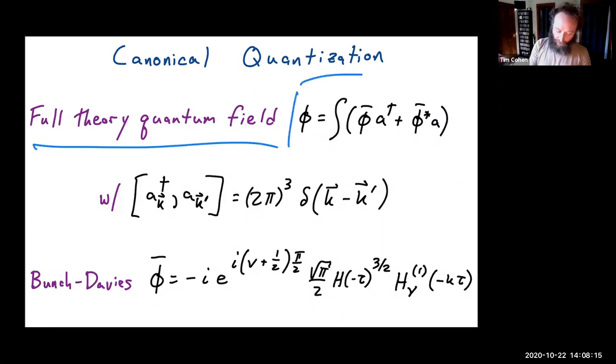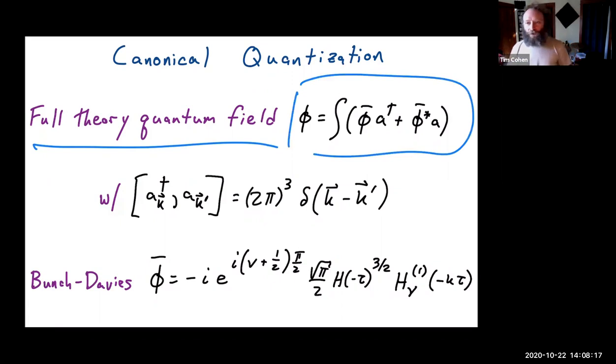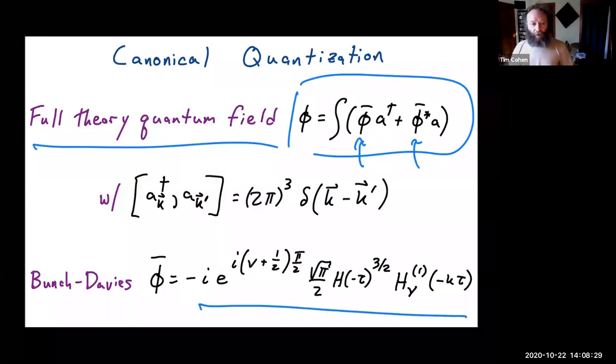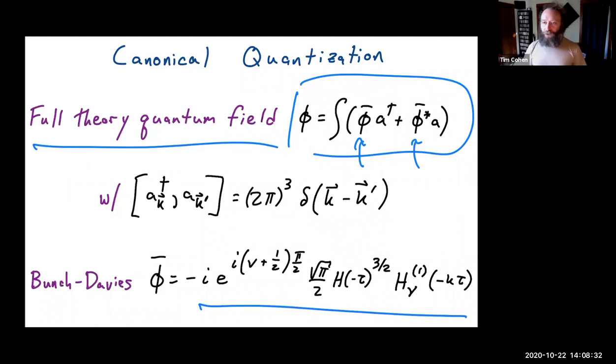I just taught this in my QFT course last week. You expand in terms of creation and annihilation operators. The only difference with de Sitter is that instead of the mode functions being plane waves, there are these horrible Hankel function dependent objects. The Bunch-Davies assumption, which is an assumption about the vacuum state of the full theory, gives you these solutions in de Sitter space. But the creation and annihilation operators satisfy the standard commutation relations that we're all familiar with.